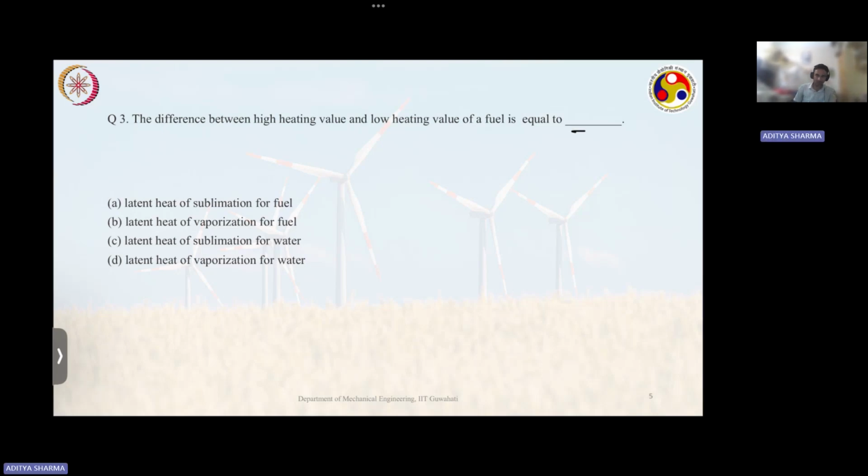Four options have been given. One option is latent heat of sublimation for fuel. Then latent heat of vaporization for fuel. Then latent heat of sublimation for water. Then latent heat of vaporization for water. Which will be the correct answer to this question?